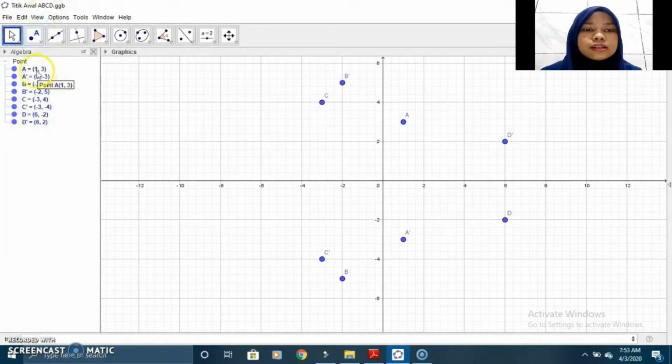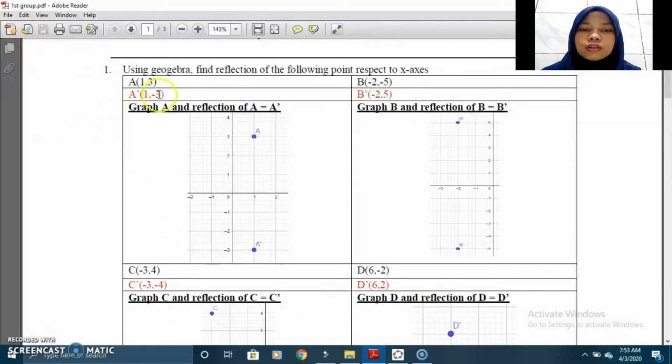With A' is (1,-3), B' is (-2,5), C' is (-3,-4), and D' is (6,2). These reflections are equal to our group's answer written in red font. Okay, now we look at the pattern.